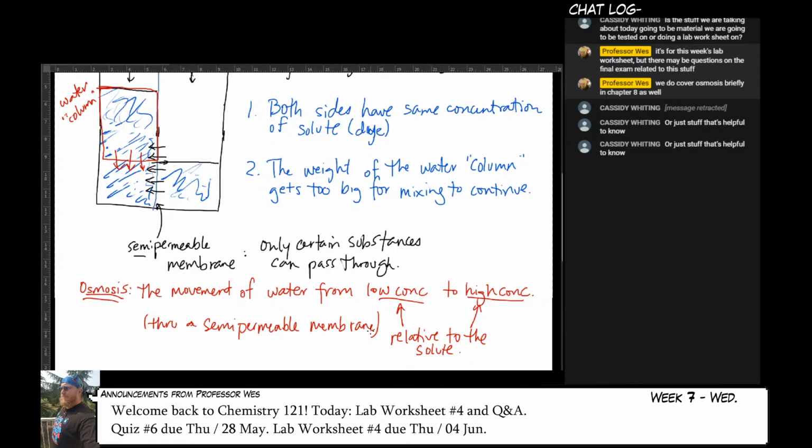For instance, if you eat a lot of salty food, then the salt gets absorbed through your intestines, and in your bloodstream you have a higher concentration of ions from the salt that you ate relative to the concentration of ions that are in the cells, because the cells have ions because they need those ions to do chemistry and biochemistry and stuff like that.